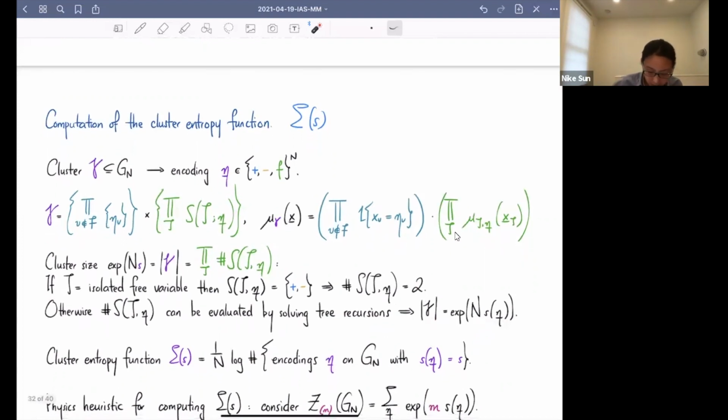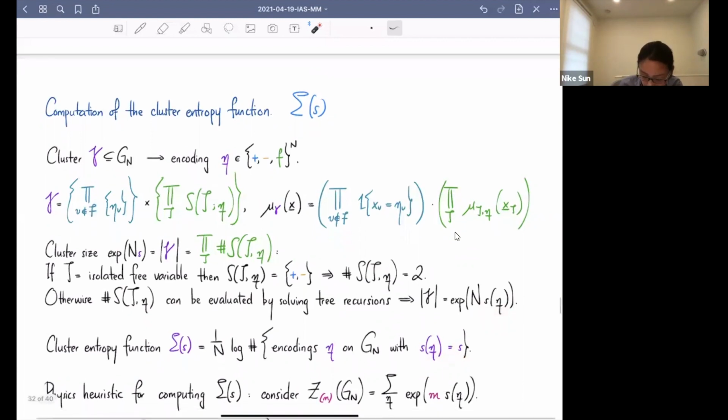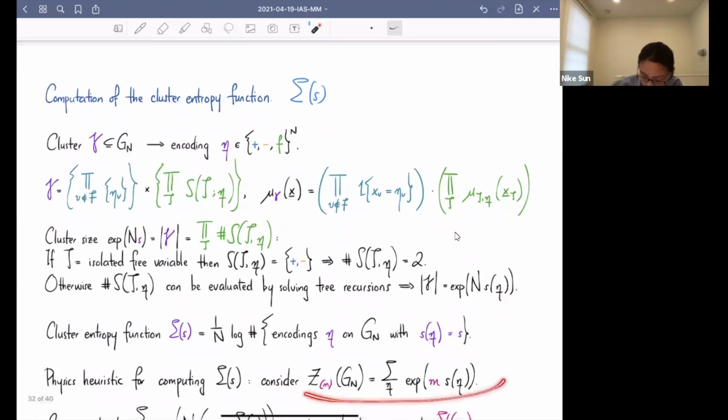Okay, so the cluster entropy function that we wanted to know, again, is the number of encodings of a certain size in the exponent. The physics approach for computing this is to consider this quantity. You go over all of the clusters, and you consider the cluster size raised to some power m.